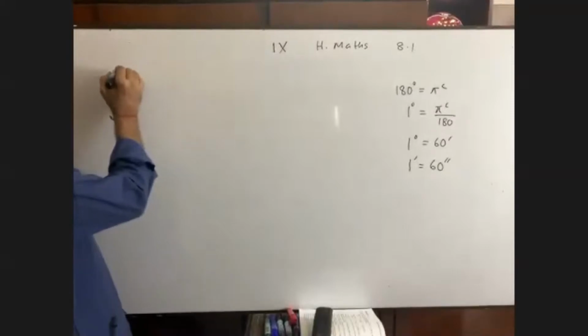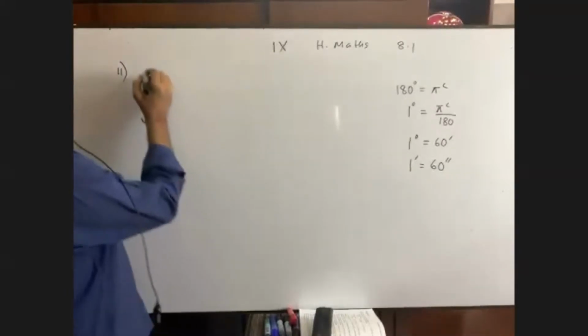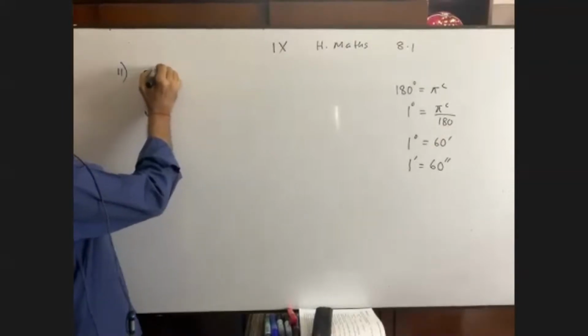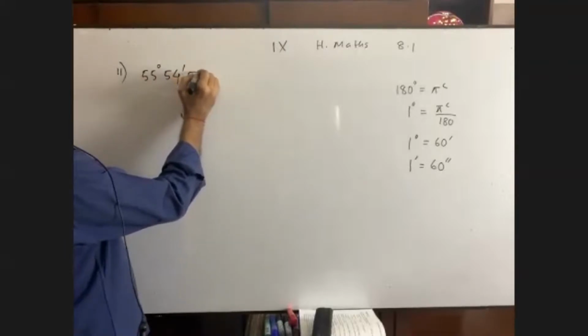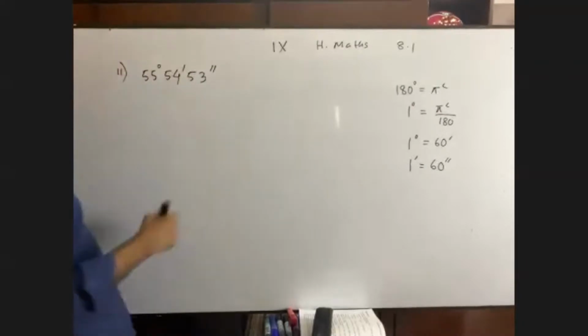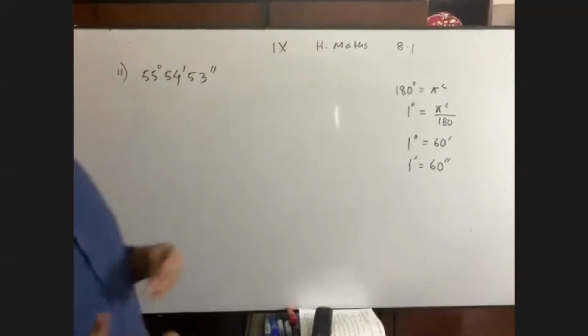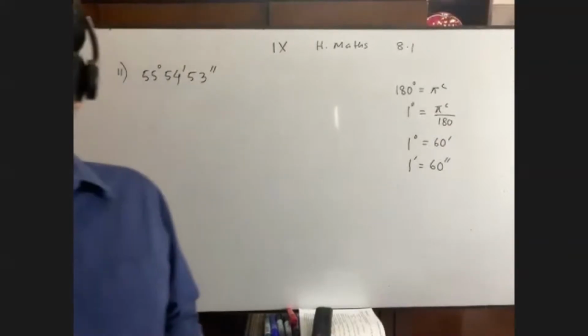Number 2. 55 degree, 54 minute, 53 second. Without calculator, it is impossible. So if you don't have calculator, I think we should omit the class today.